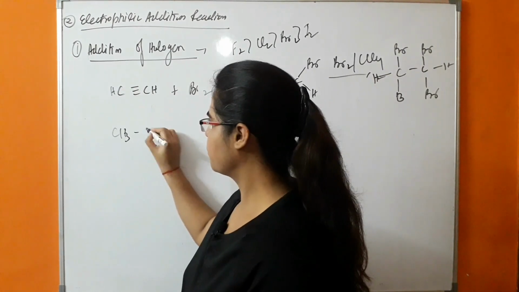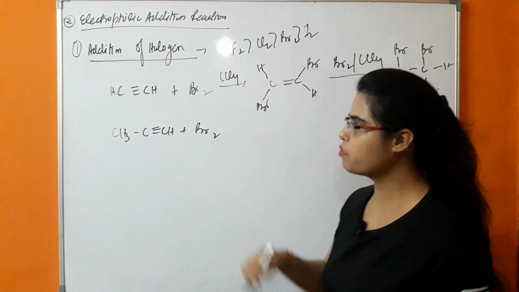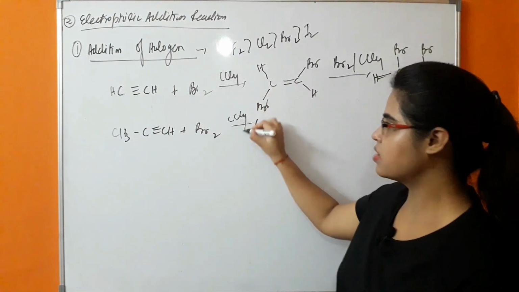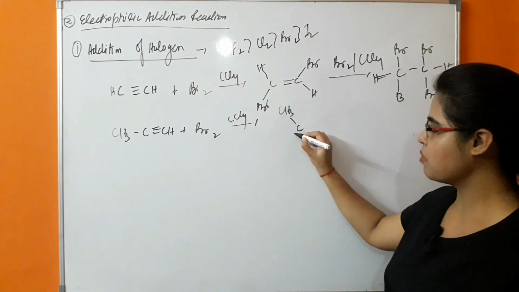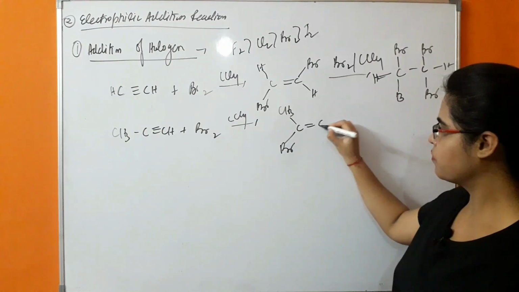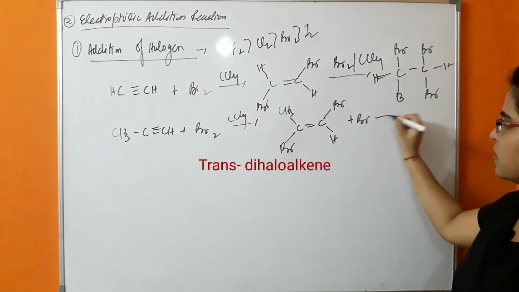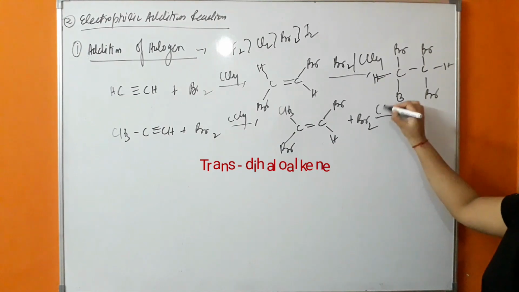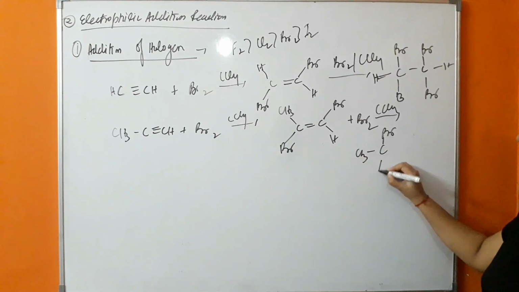Next, the second example: unsymmetrical alkyne in the presence of Br2, solvent is CCl4. There will be formation of trans product in the first step. And in the next step, in the presence of Br2 and CCl4, tetrahalogenated product will be obtained.